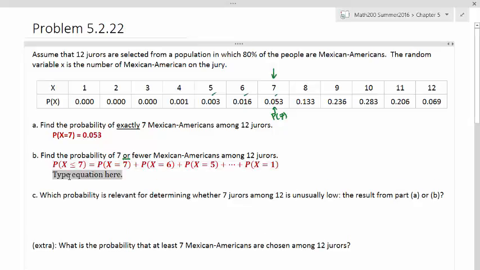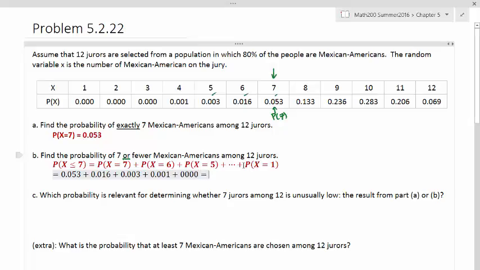So what are those probabilities? We got 0.053 plus 0.016 plus 0.003 plus 0.001 plus, and then a few zeros that we're adding, so we don't need to worry about all that.